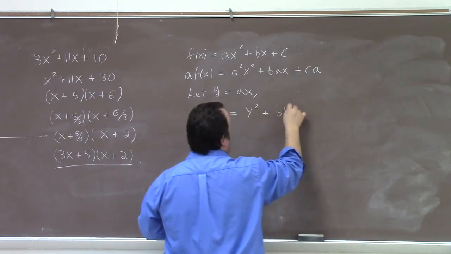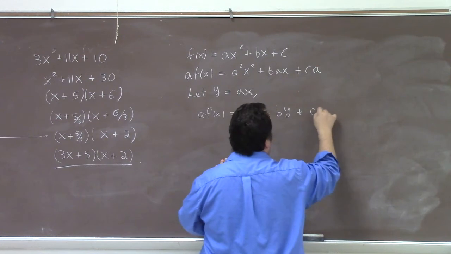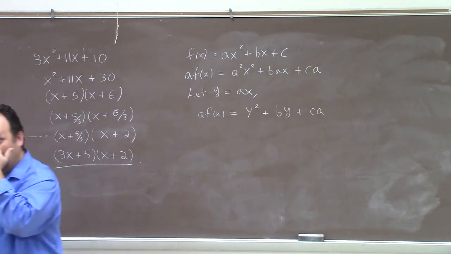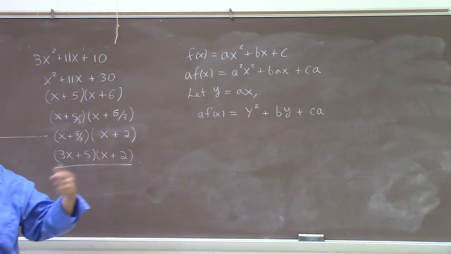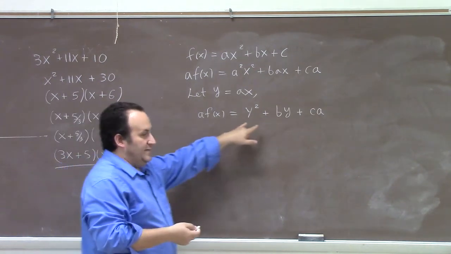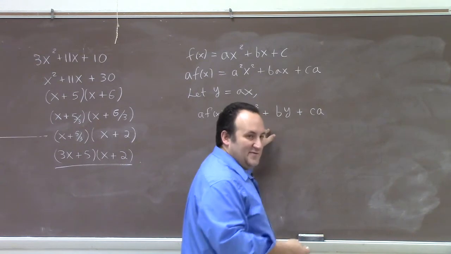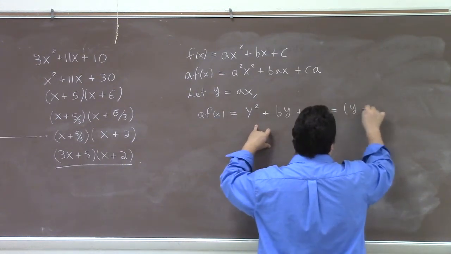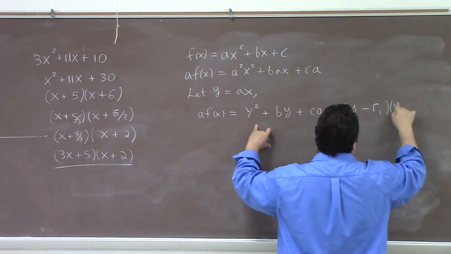plus by plus ca. That's the slided polynomial, where you just slid the a over to multiply the constant coefficient. Then for the problems that you're assigned in high school algebra textbooks, this factors nicely into something like y minus r1 times y minus r2.